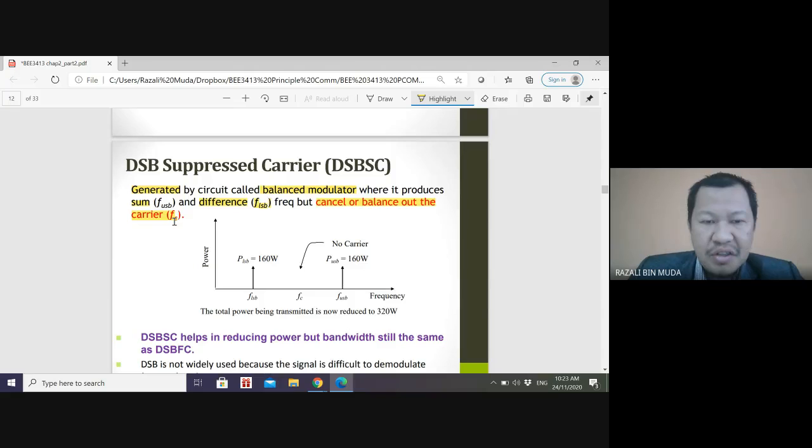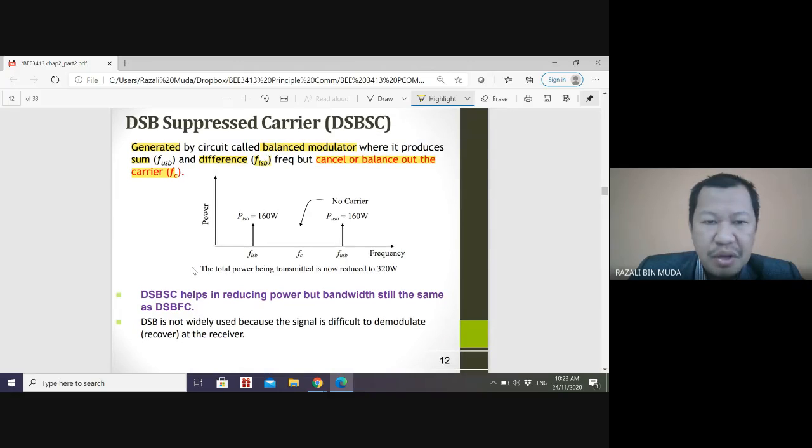So the carrier is gone from the output. Now you don't have the carrier. This is called suppressed carrier. So the frequency domain of the DSBSC is shown here. Now you have only the lower sideband and upper sideband, so all the power is contained in the sidebands. Double sideband suppressed carrier helps in reducing power, but the bandwidth is still the same.